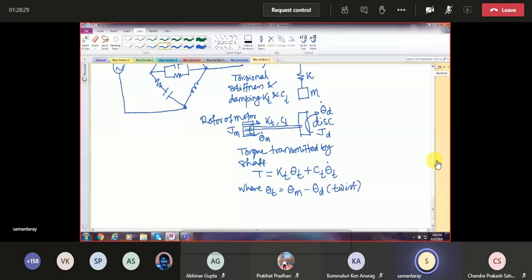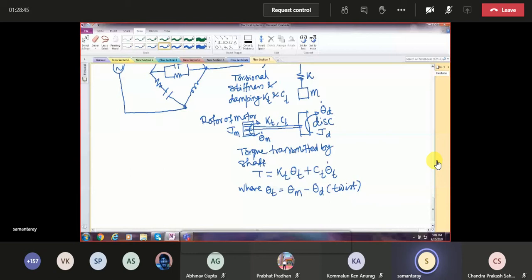So whatever the twist is, times the torsional stiffness, gives you one part of the torque, and the rate of change of twist times the damping gives you another part of the torque. So the torque transmitted has two parts.